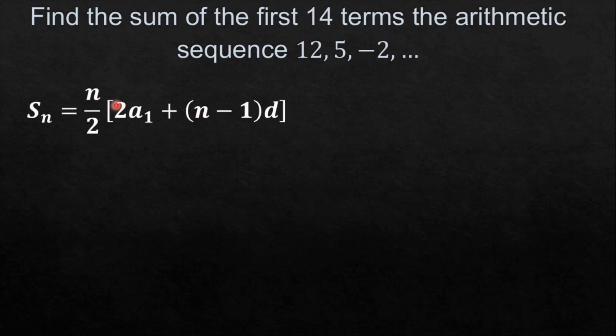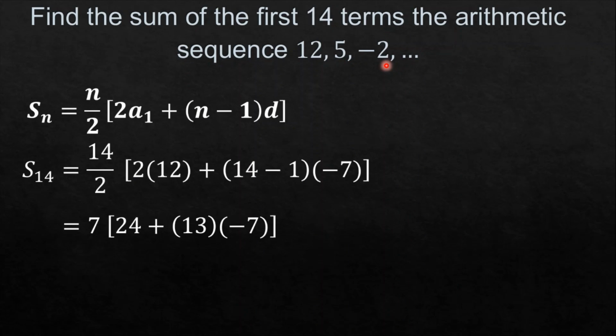So, identify ang n, 14, kasi sum of 14 terms. Ang a sub 1 ay 12, first term. At ang common difference natin ay negative 7. So, 12 plus negative 7 is 5. 5 plus negative 7 is negative 2.